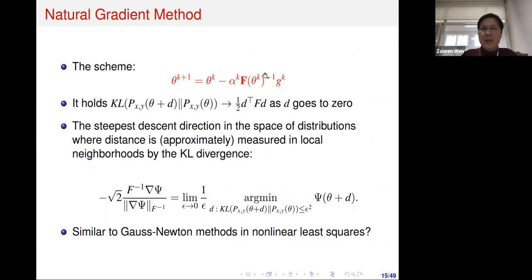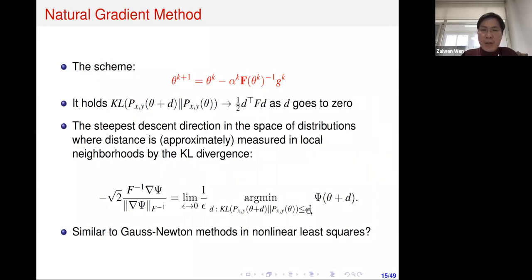Because we have to take an inverse of a certain matrix, it can be called a second order type method. But this method is related to the steepest descent direction in this sense. We minimize this function, where D is in a small neighborhood defined by this KL divergence.